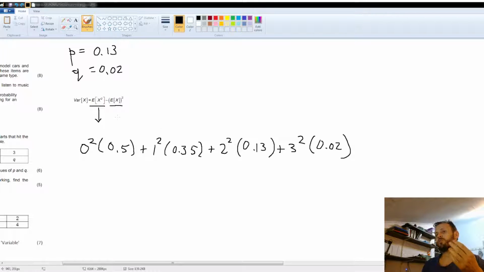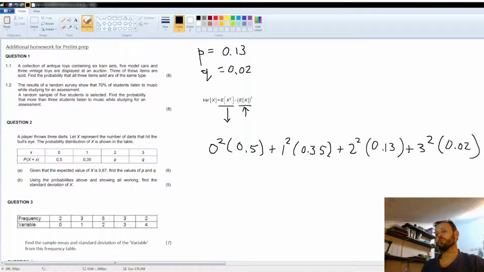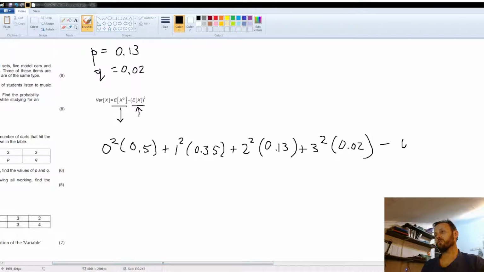So this one's always, or almost always, far easier to work out. It's actually just the expected value given to you or calculated previously, all squared. And bear in mind you have to subtract it. So what is that? Well, the question tells us, right? It's 0.67. So you minus 0.67 all squared.